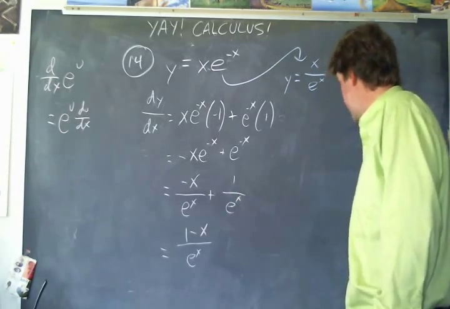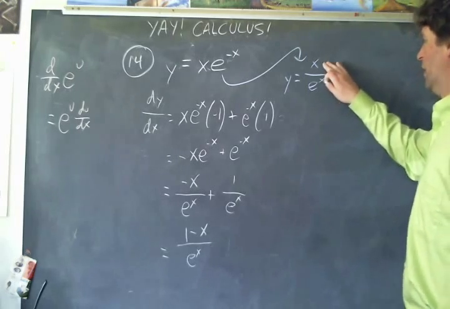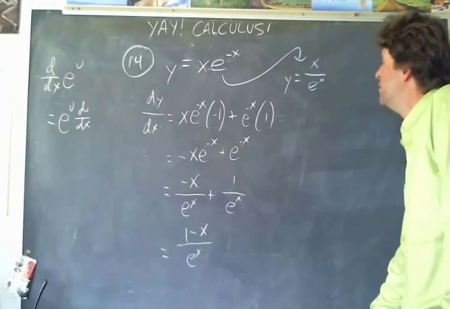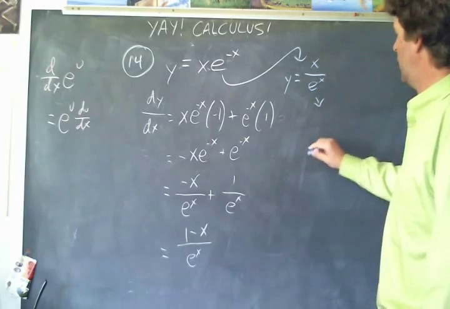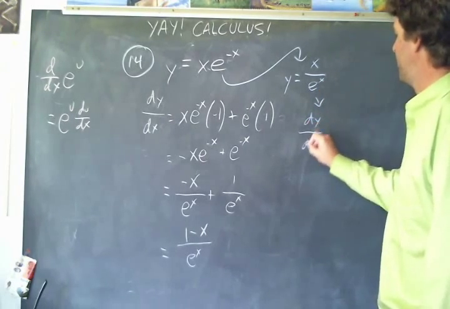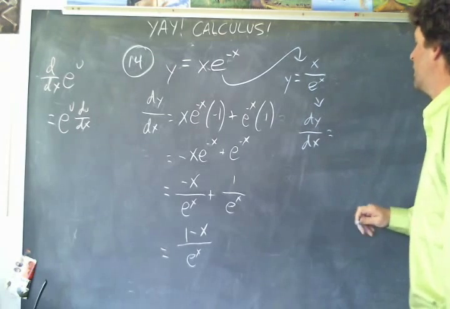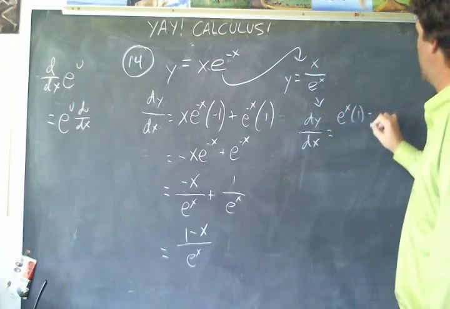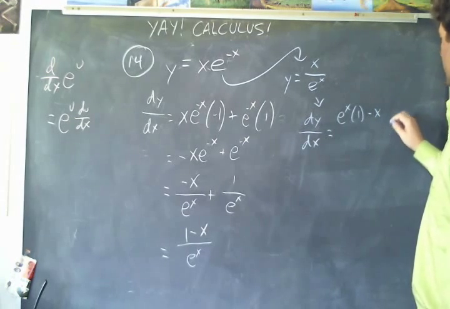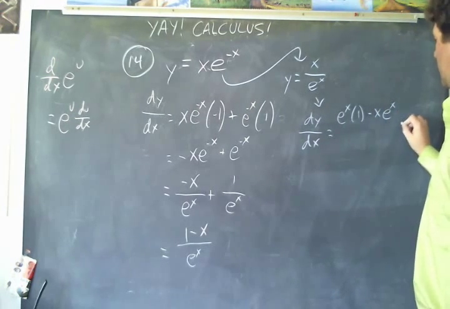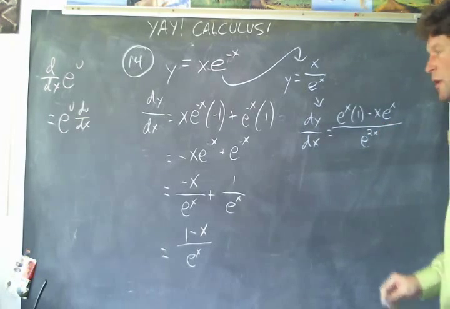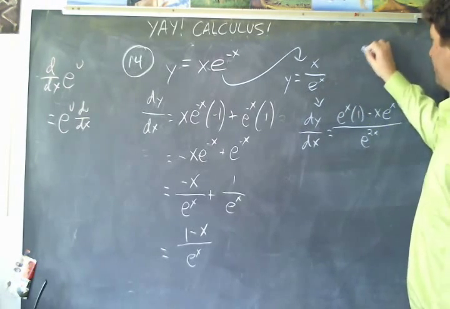See if it turns out the same way using the quotient rule. Bottom to top, top to bottom. So dy/dx equals bottom d top minus top d bottom, all over bottom squared, e to the x squared.